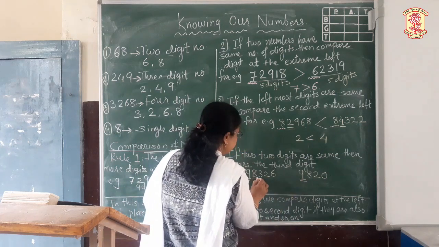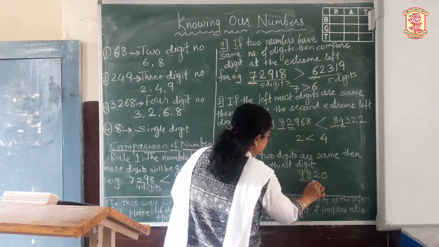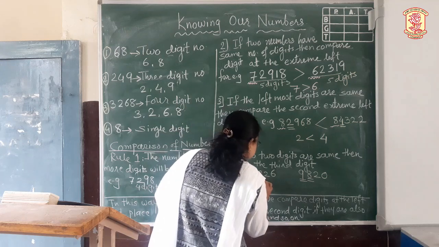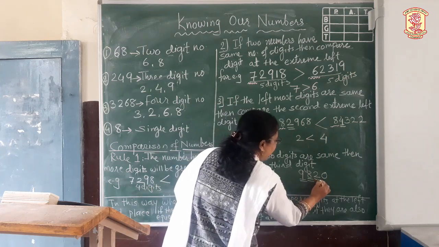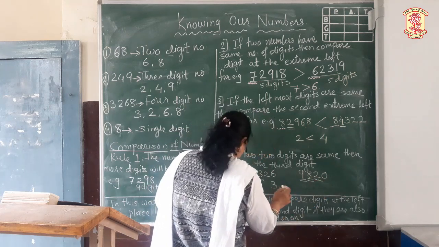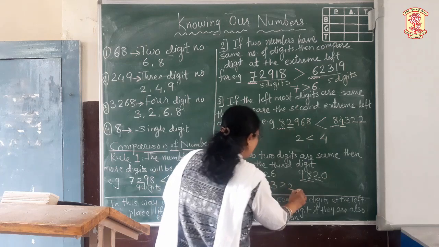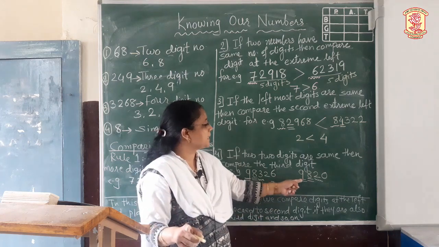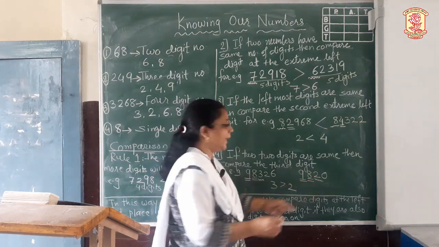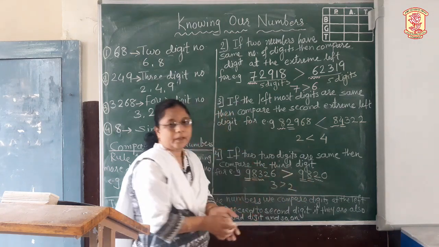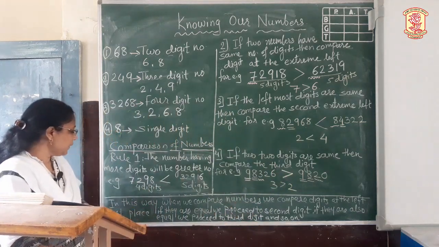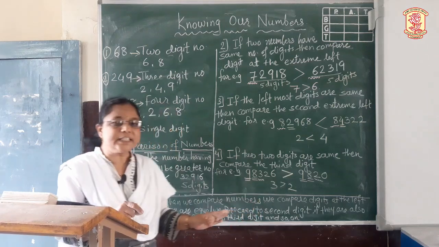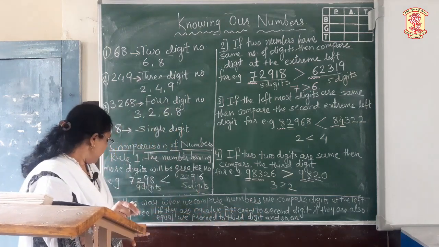Second digit is 8, here second digit is 8. Then we have to think for the third digit, that is 3 and 2. Now 3 is greater than 2. Therefore, 98,326 is greater than 9,820.